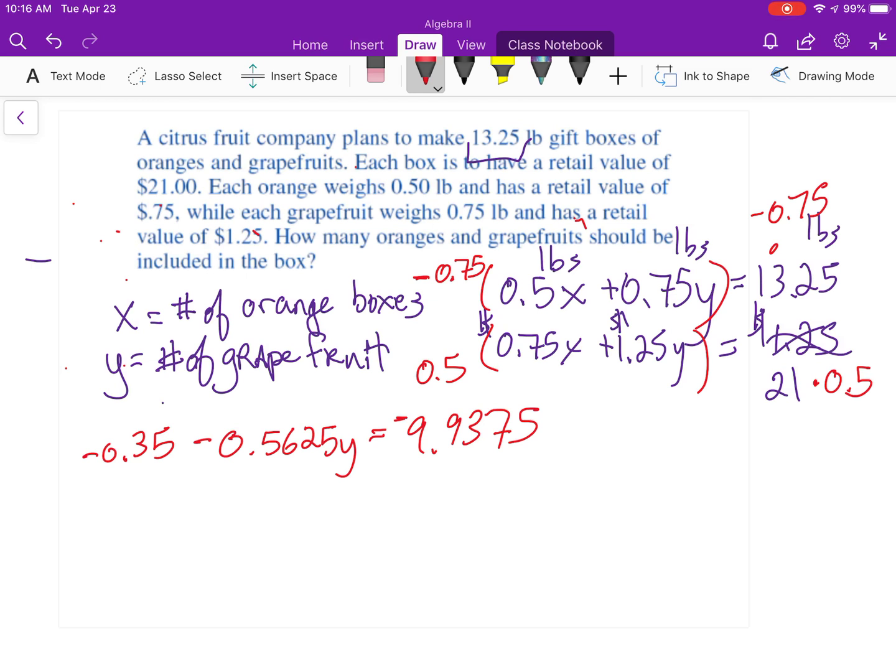Okay, now on the bottom one, 0.5 times 0.75.